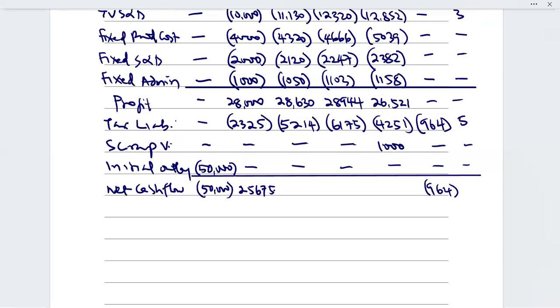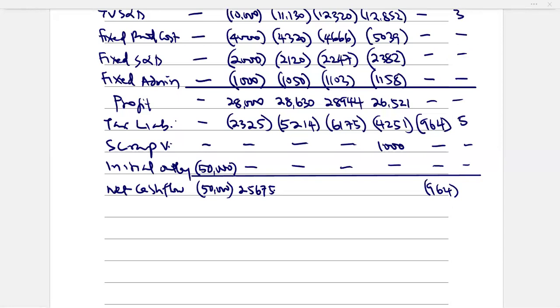It's 25,675. It's not adding up to my eye. 28,000 minus 2325. You are correct. My mind is on the fact that if I had the two, it will give you 29,000. But in any case, let's move on.